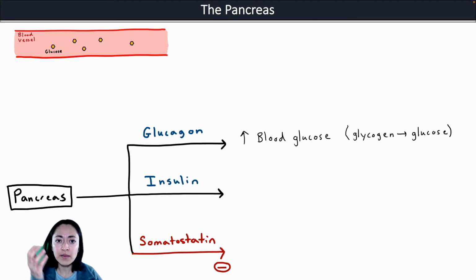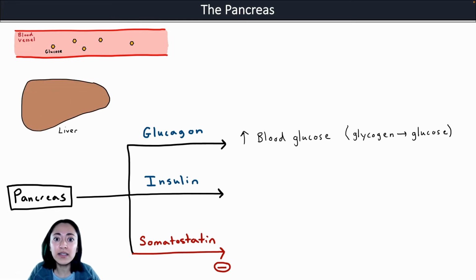So just think about it this way. You have a bunch of glucose within your blood. Okay, glucose is a monosaccharide, meaning that it's a single sugar molecule and it is the main energy source for every cell in your body. Now, we don't just have all of our glucose in our blood. Whenever we eat a meal, most of that glucose is going to be stored as glycogen, which is a larger molecule.